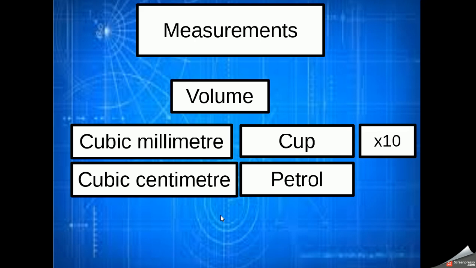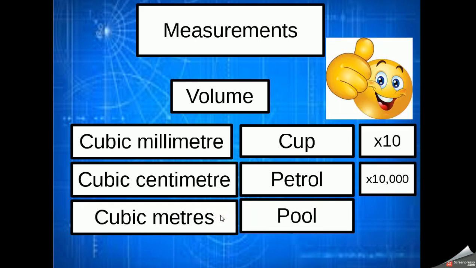So there are actually 1,000 cubic millimeters to a cubic centimeter. When I'm converting cubic millimeters into cubic centimeters, I've got to think, right, 10 millimeters by 10 millimeters by 10 millimeters. 10 times 10 times 10 is 1,000. There are 1,000 cubic millimeters to a cubic centimeter.